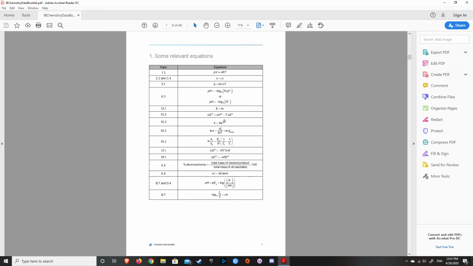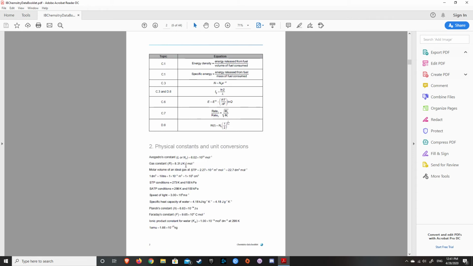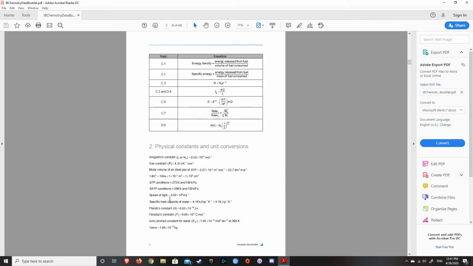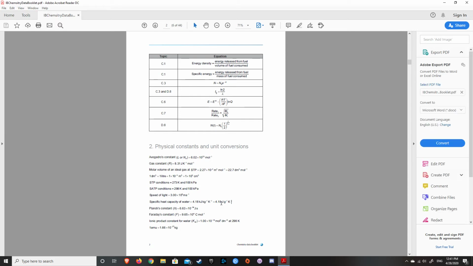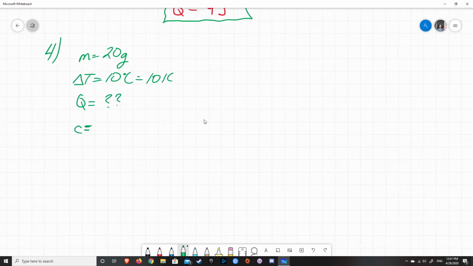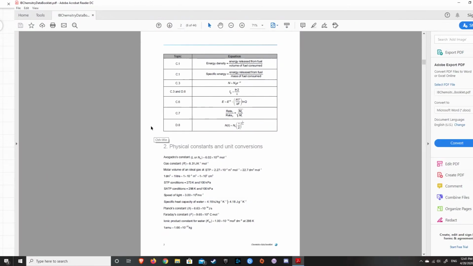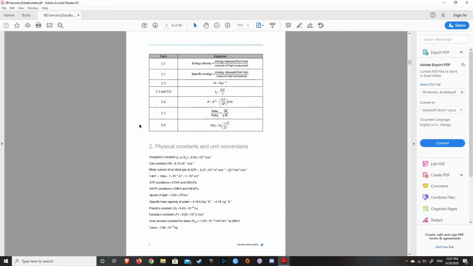Let's try to find the specific heat capacity of water in our data booklet. And it says it wants our answer in kilojoules, so let's use this number, 4.18. I'll write that down here, 4.18 kilojoules per kilogram Kelvin.